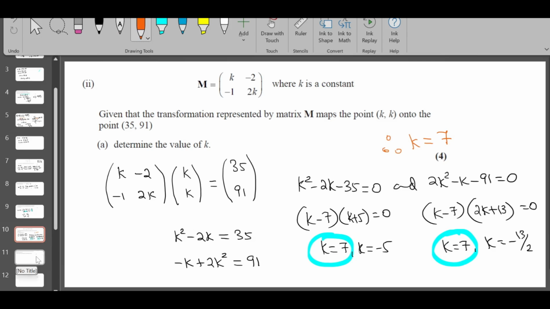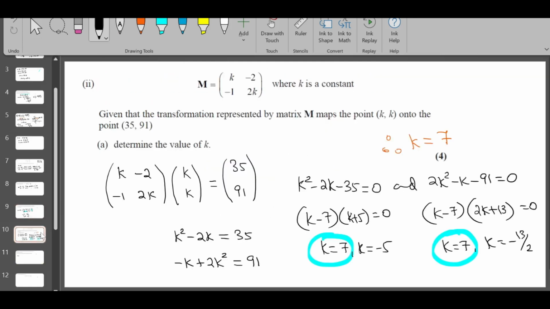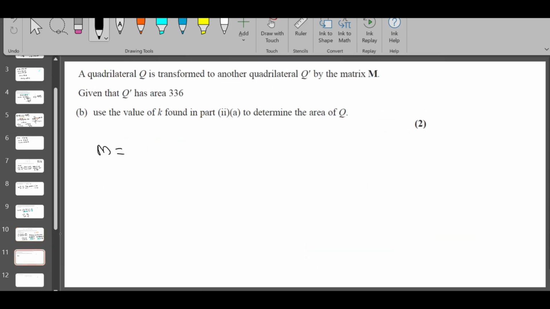Let's move on to the next one now. A quadrilateral Q is transformed to another quadrilateral Q dash by the matrix M. Which one is the matrix M? It's given here: k, minus 2, minus 1, 2k.